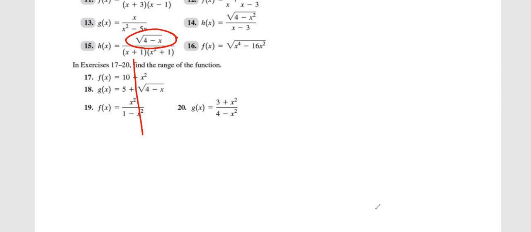That's how we get that concept of removable, because we can remove the factor, but that doesn't happen here. So that x plus 1 is causing a vertical asymptote. What about this x squared plus 1? Well, folks, that's a sum of squares, and the only way you can factor that is if you have imaginary numbers. So that's not contributing to any kind of vertical asymptotes.